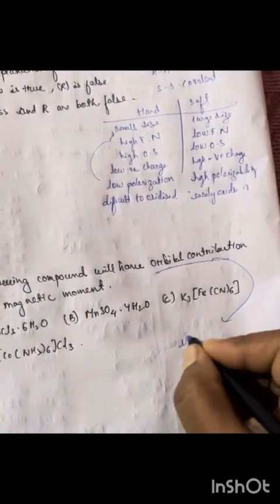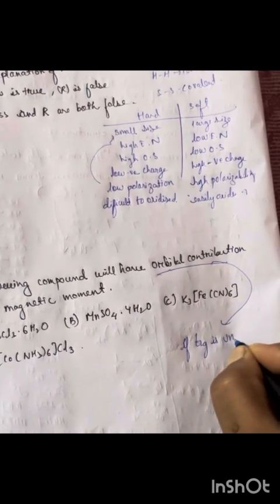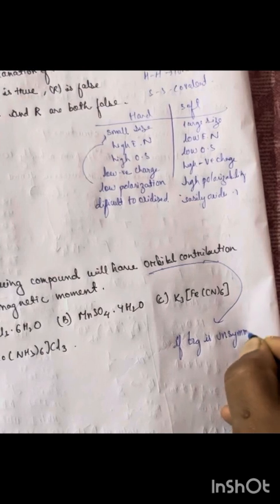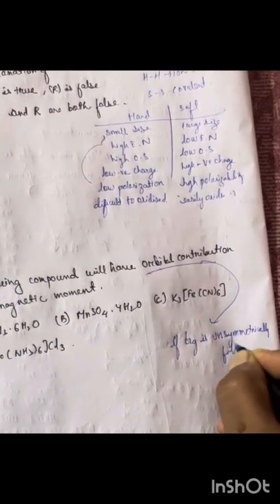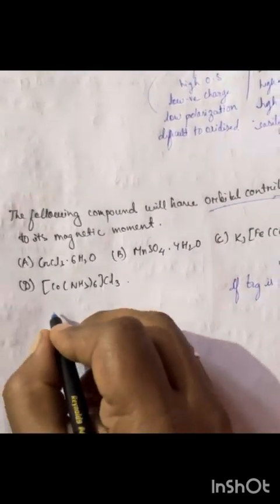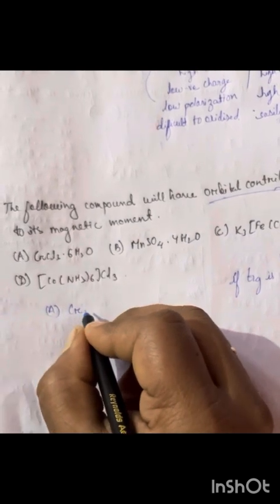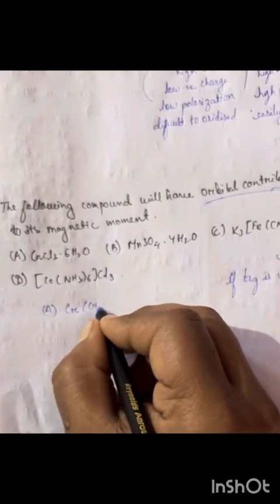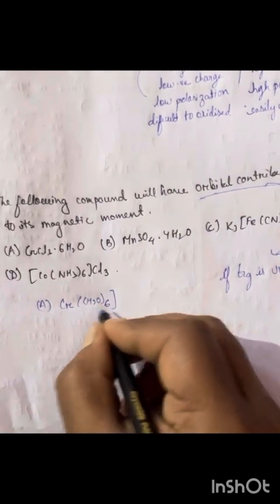If T2g is unsymmetrically filled, then you say that orbital contribution is taking place. Now for the first example, it is given in this form, so you have to write it in complex form. We can write this as [Cr(H2O)6]Cl3, right.